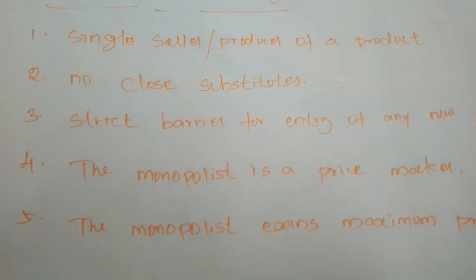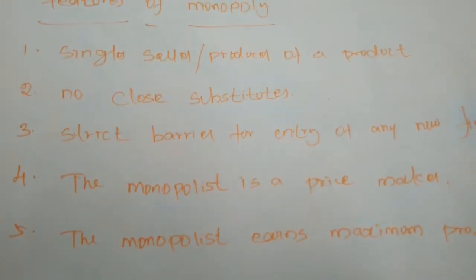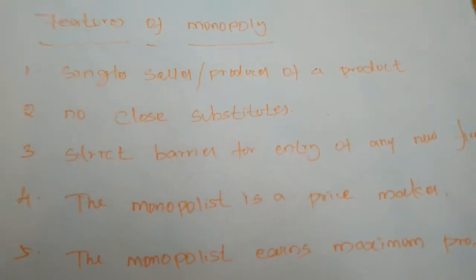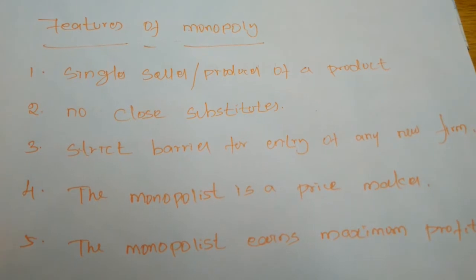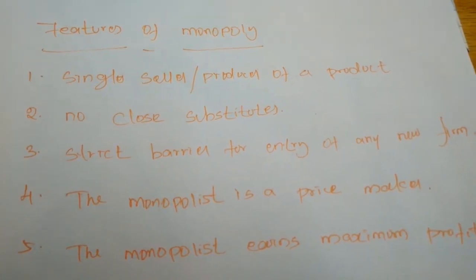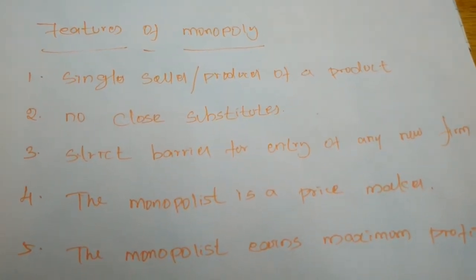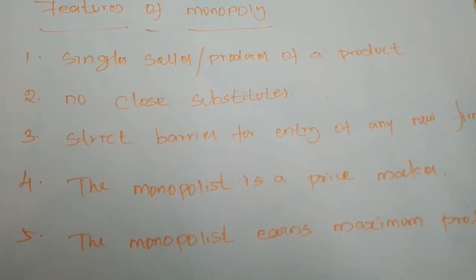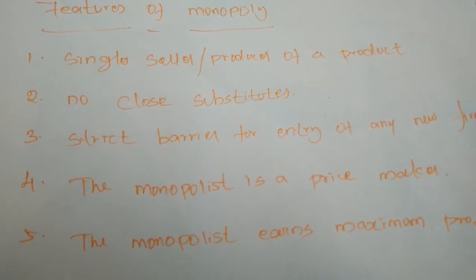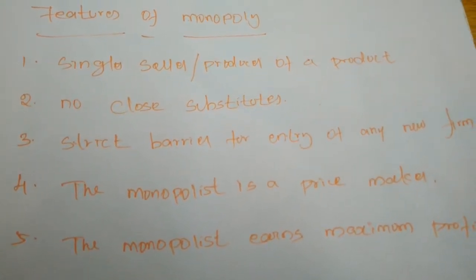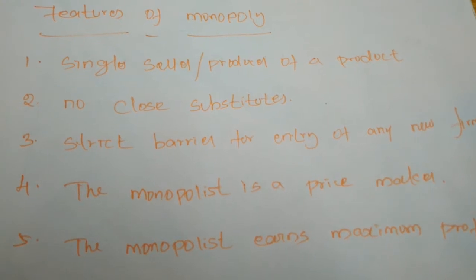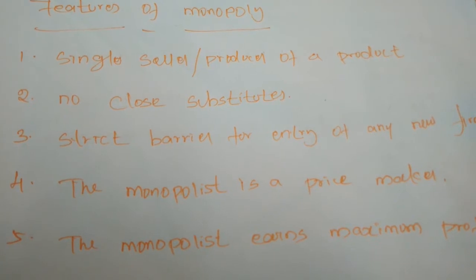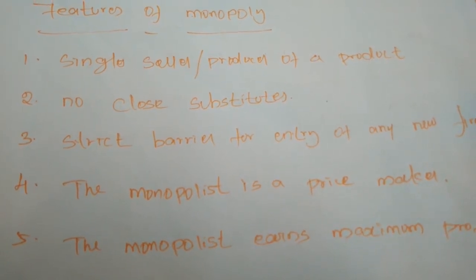No. We can never use any substitutes. Another example is gold. Even if the price of gold increases, people will not buy other ornaments. Like that, rice: if the price of rice increases, other substitutes may not be there.